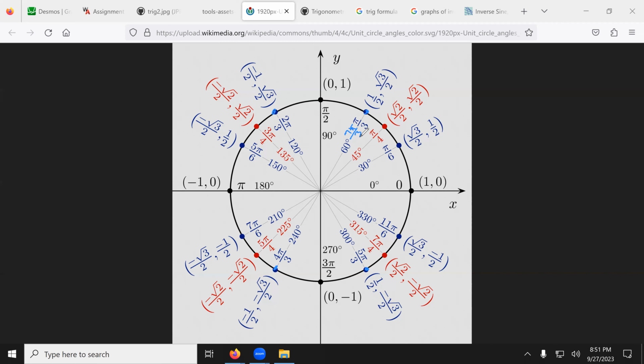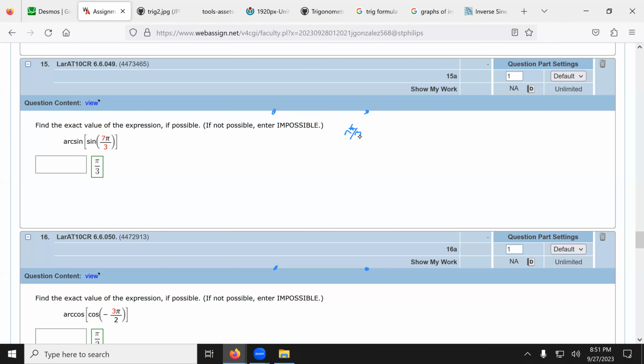But 2 pi plus pi thirds is 7 pi thirds. So in the homework, it's the angle's too big, so just adjust it. Remember how we did, we had too many revolutions, we'd say, all right, well, this is too big. So subtract 2 pi, right? Do your fraction nonsense.